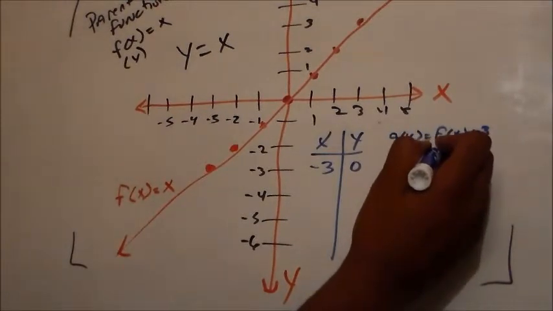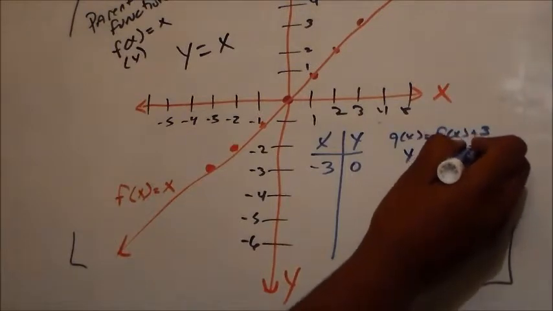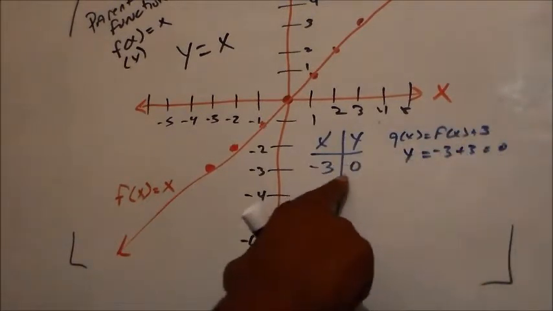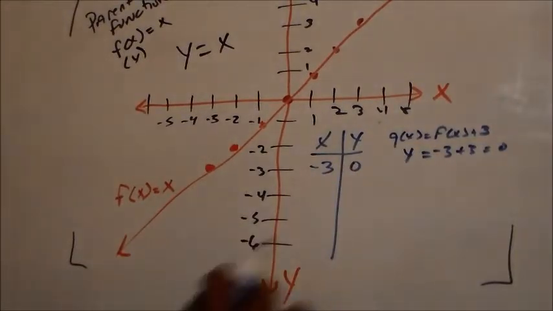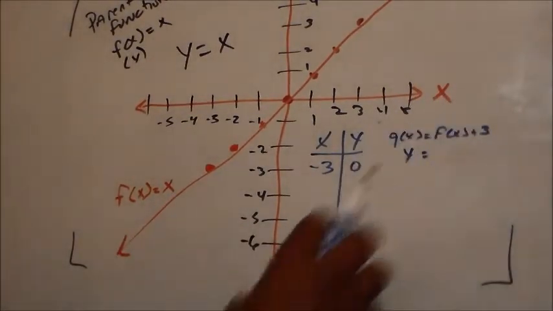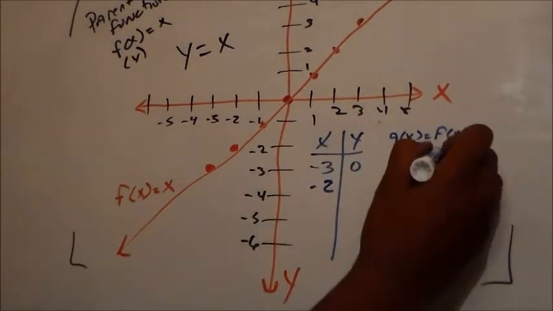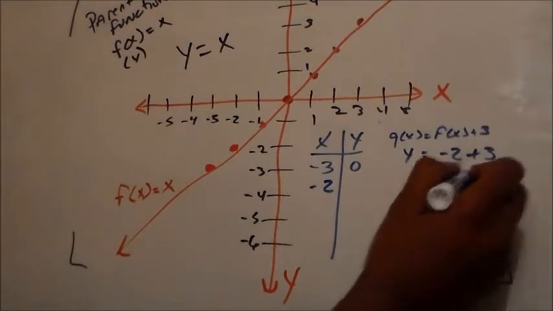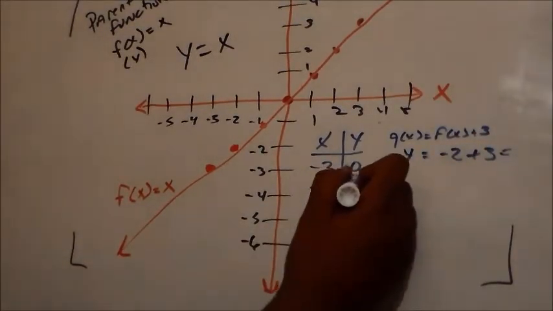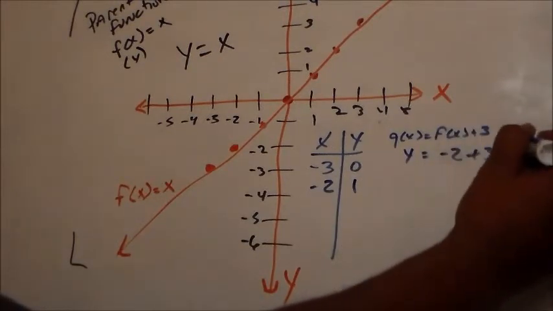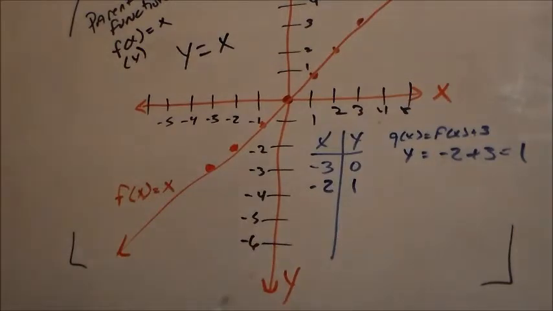We put in negative 3, and we got 0. Here we put in negative 2, and negative 2 plus 3 gives us 1, because negative 2 plus 3 equals 1. So that's going to be our y value.